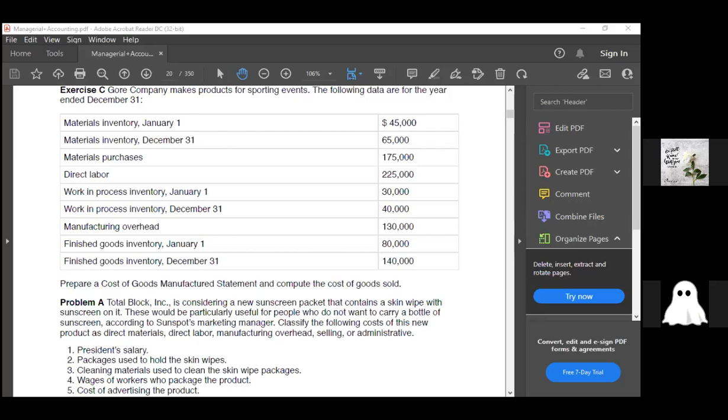You will call it cost statement for Gore Company for the year ended on 31st December. That's how you start solving a problem. Cost statement for Gore Company for the year ended 31st December, since that is the name of the company.